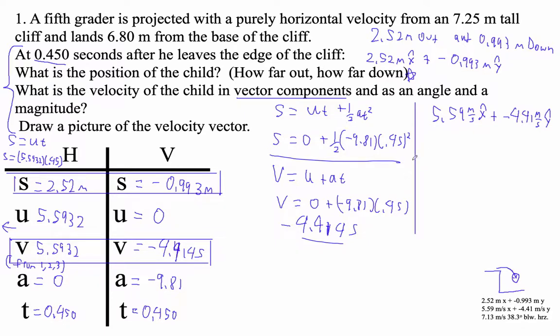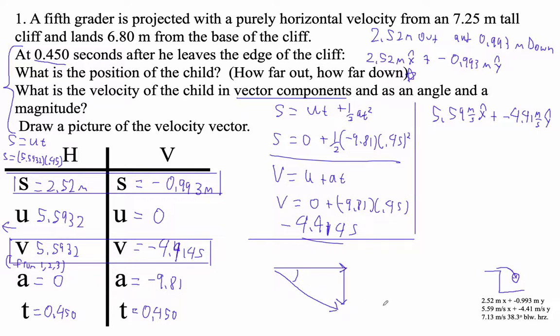Now let's do an angle and a magnitude. I think we should do it over here. So 5.59 over, 4.41 down, and then the vector is like this.